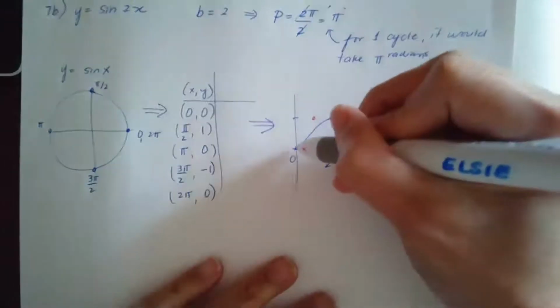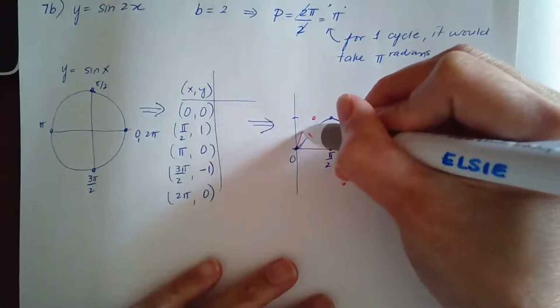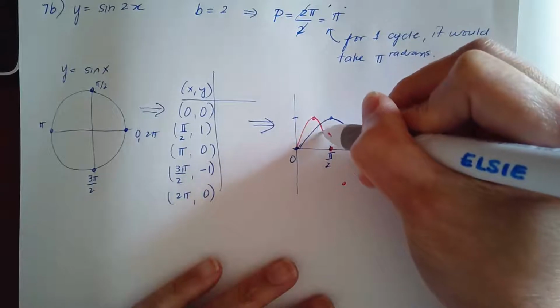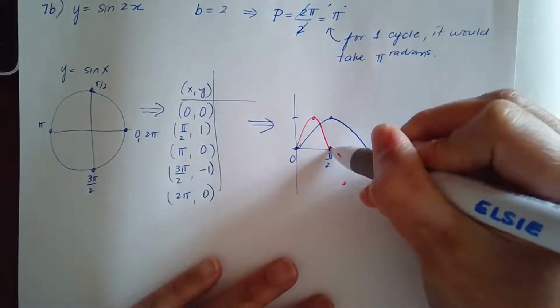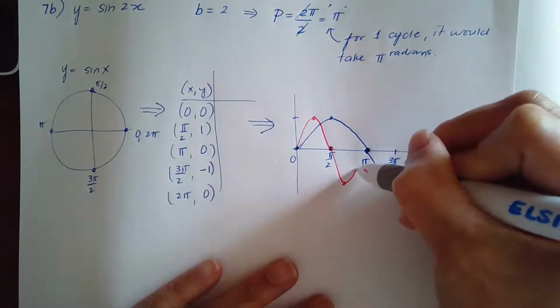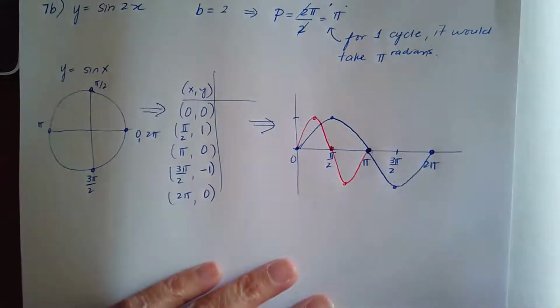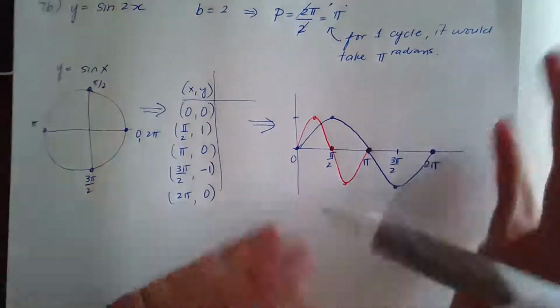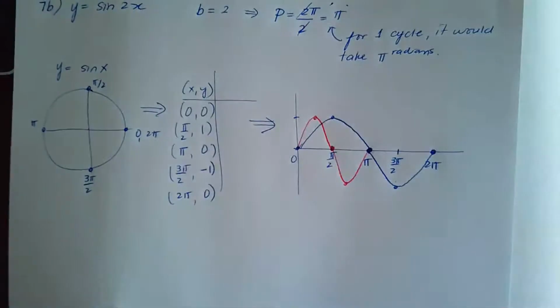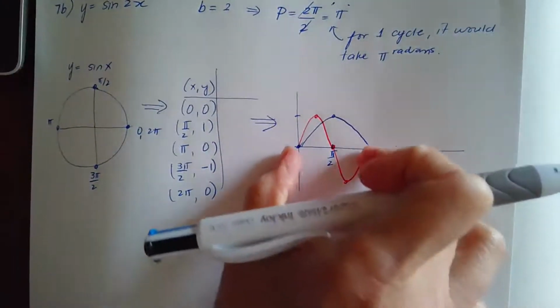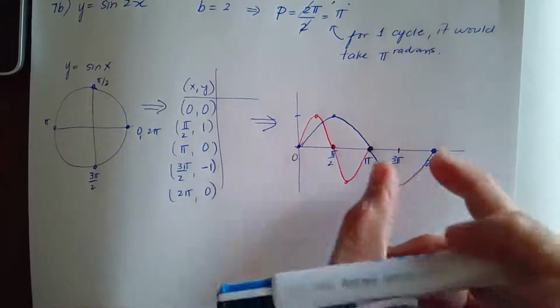So the graph now looks like this. It got compressed, so now it's half as wide.